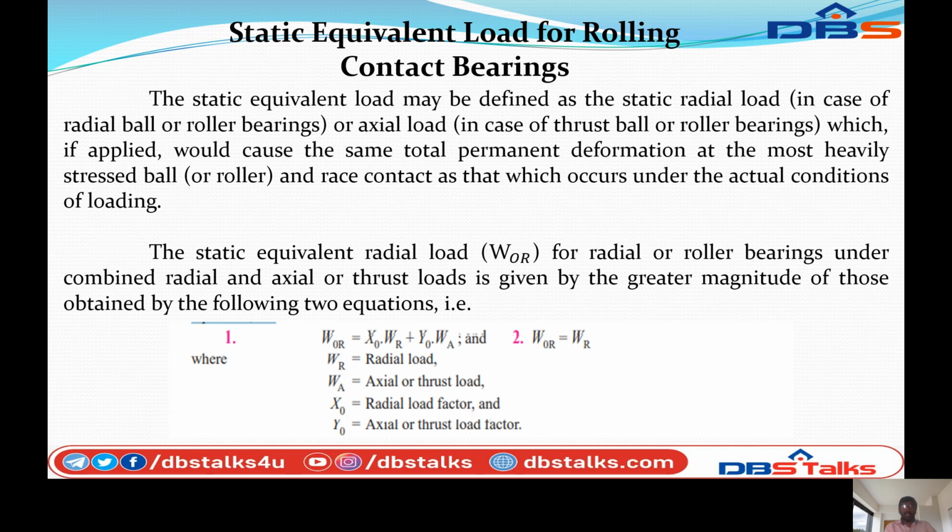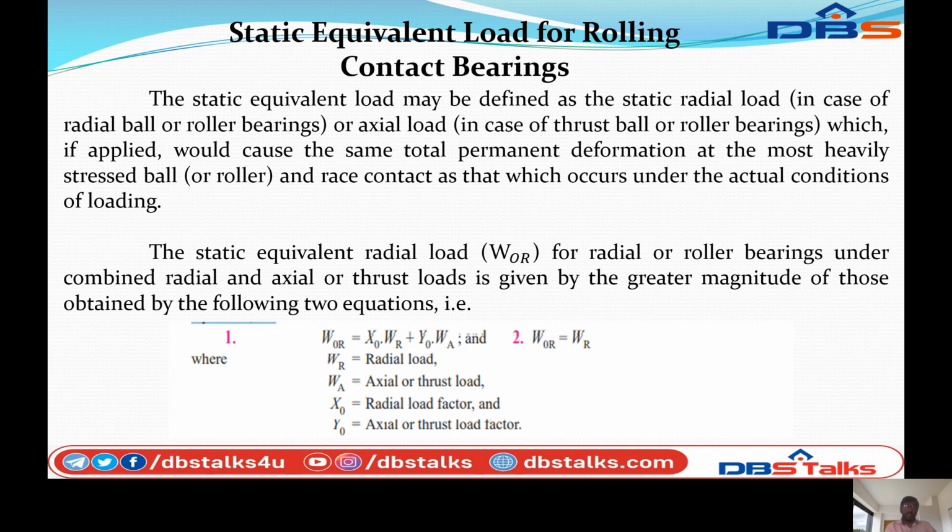The static equivalent radial load W0R for a radial ball or roller bearing under combined radial and axial or thrust loading is given by the greater magnitude of that obtained by the following two equations.